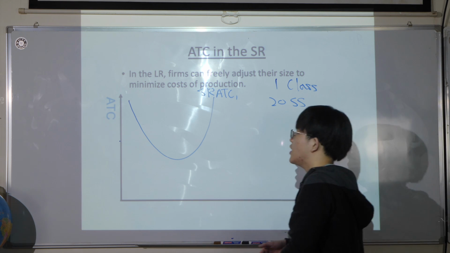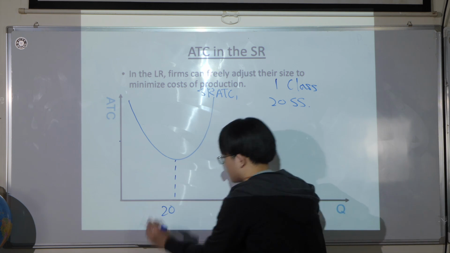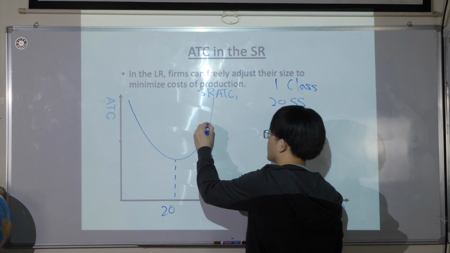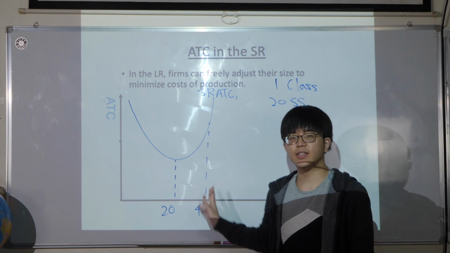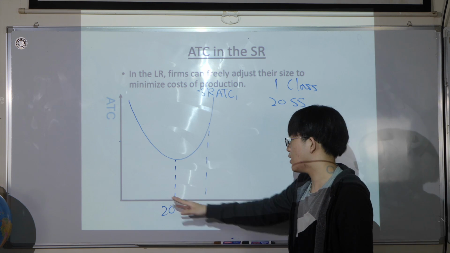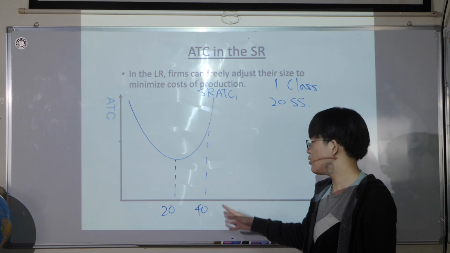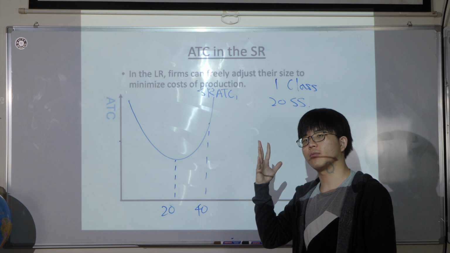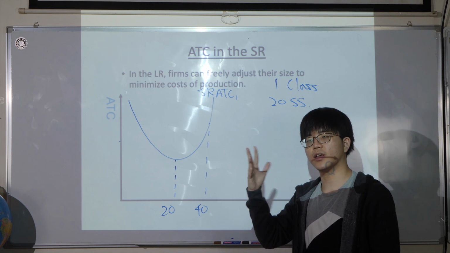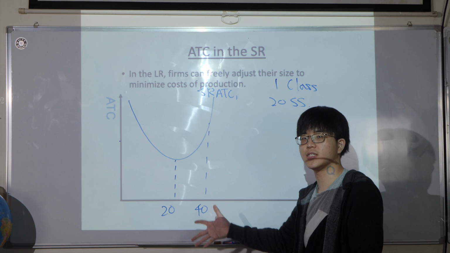So this will be 20 students for the quantity, but this will be 40 students for the quantity. So we have higher ATC because we don't have enough space to teach students with only one classroom. We need to borrow other places to teach other students, and that's the reason why it has the problem of higher ATC.